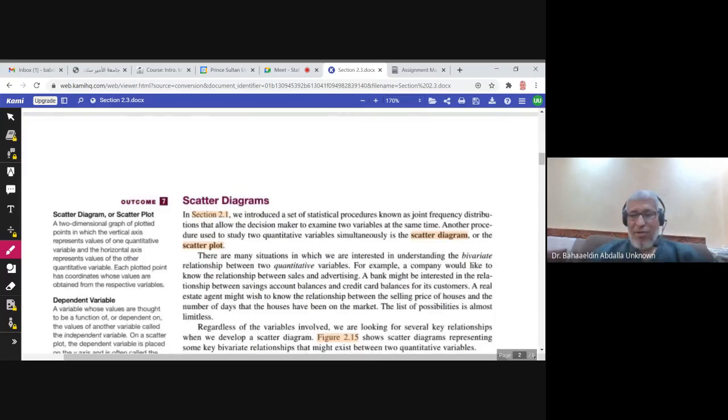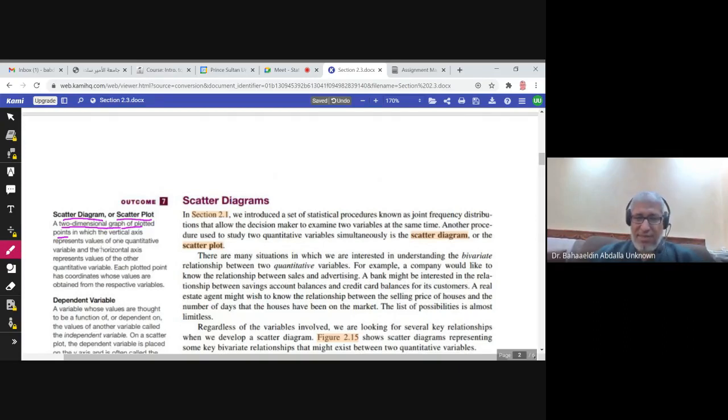The second type of graph is called a scatter diagram. We call it a scatter diagram or scatter plot. What is a scatter diagram? It's again a two-dimensional graph of plotted points, in which we have two variables.